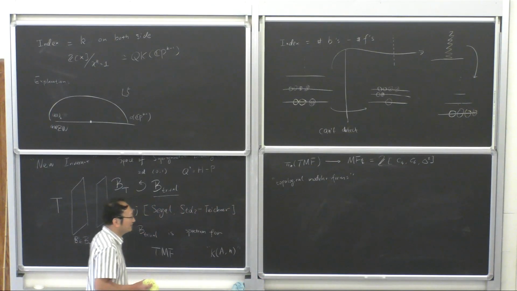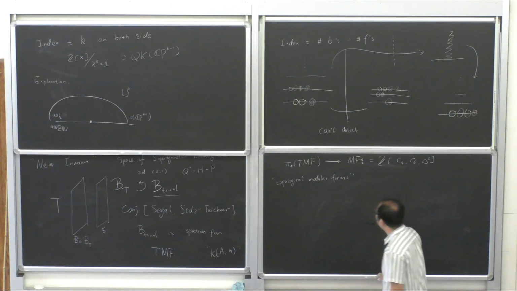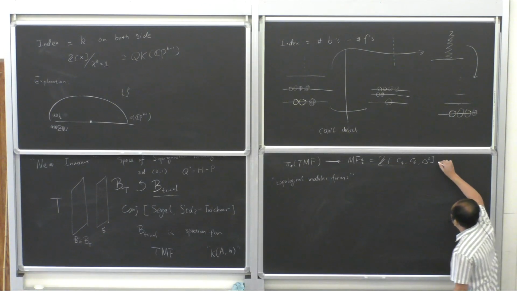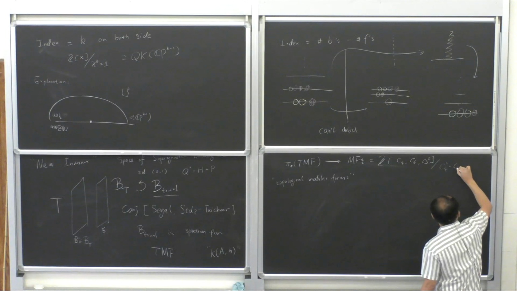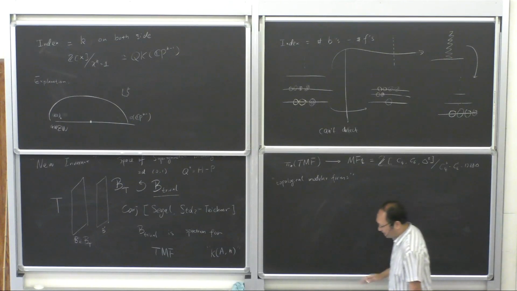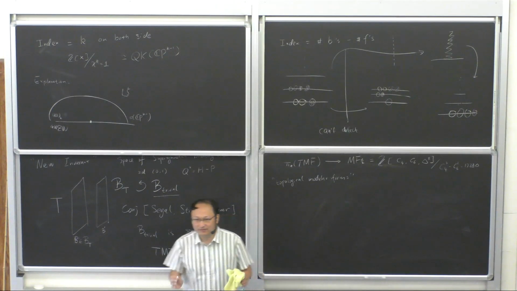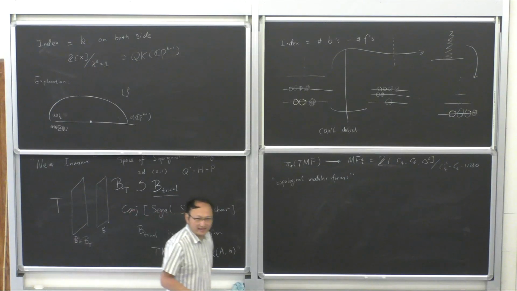Right. And then this modulo familiar relations. C4 and C6 are two of the Eisenstein series, and C4 is a theta function for the E8 lattice.